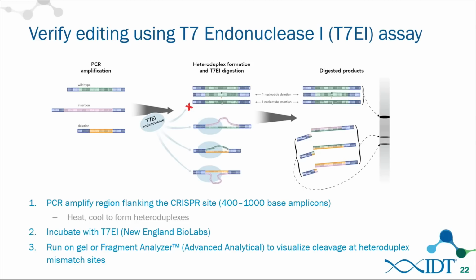And just as an overview, as I've mentioned throughout, our assay of choice, especially as it relates to looking at almost 600 sites, looking at 600 crRNAs across 6 different amplicons, we've chosen to look at editing with a T7 Endonuclease I assay.